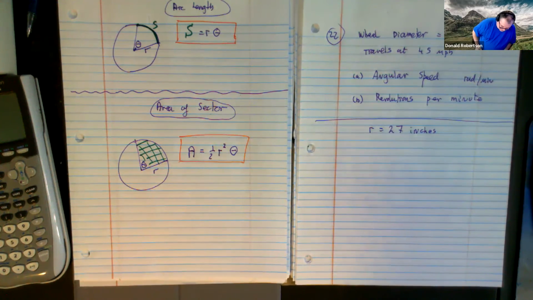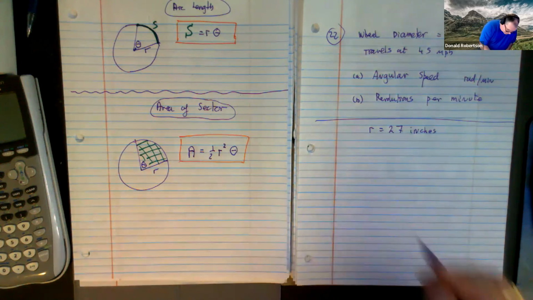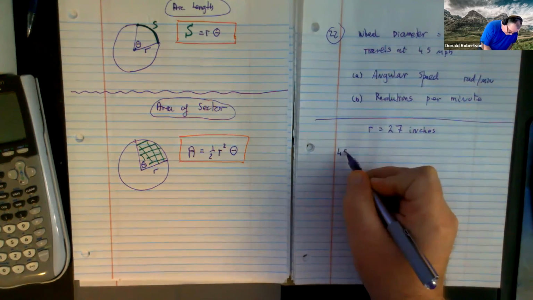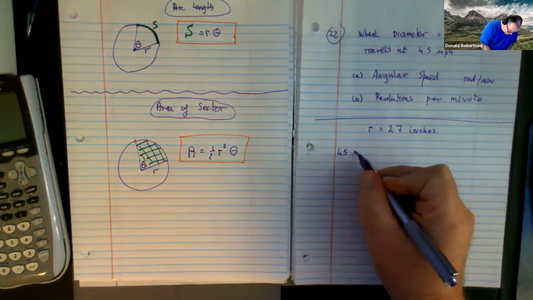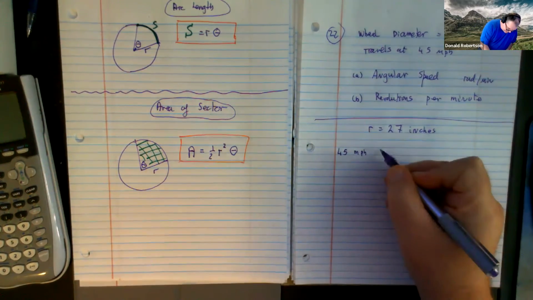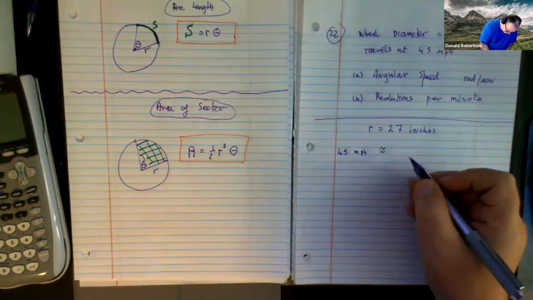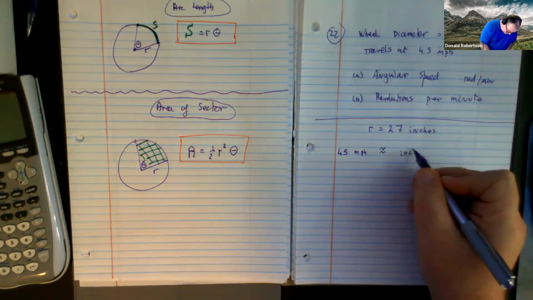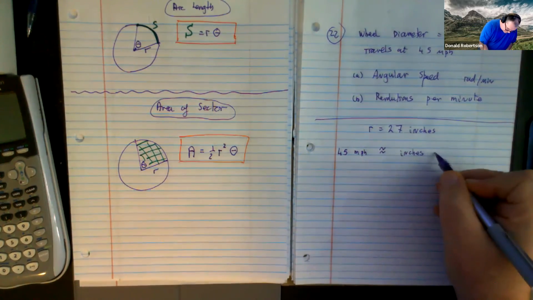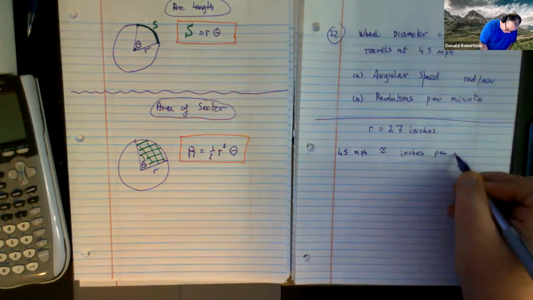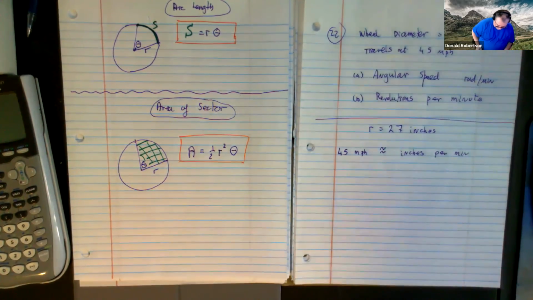So we have to figure out how to keep track of the units. My first job is to take 45 miles per hour and figure out what that is in terms of how many inches you would travel per minute. So far, so good?